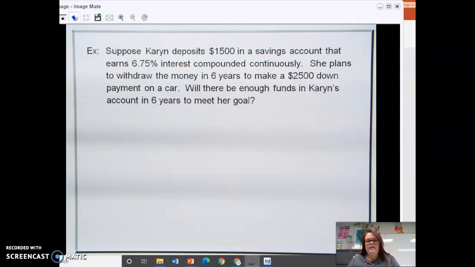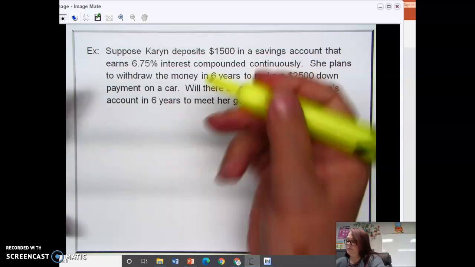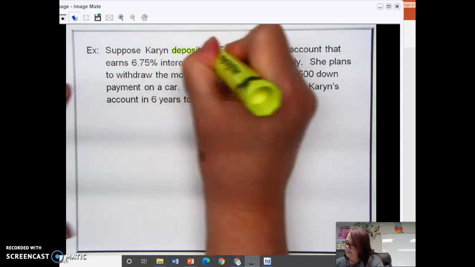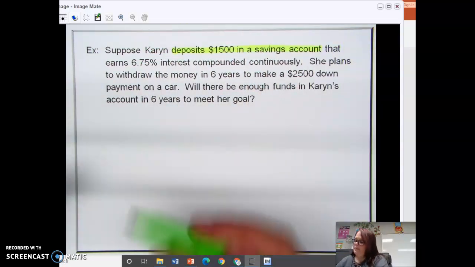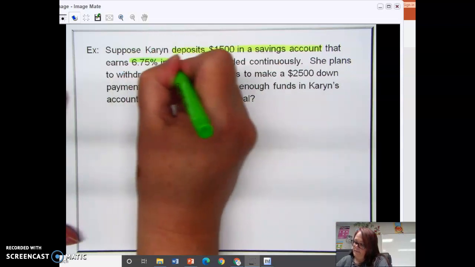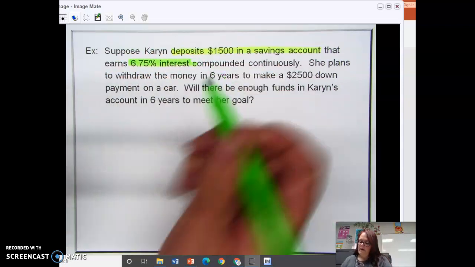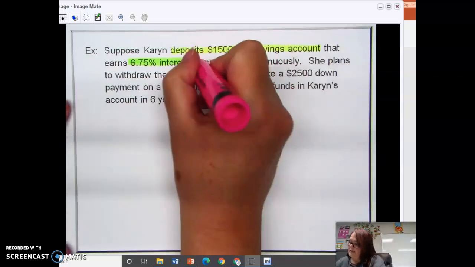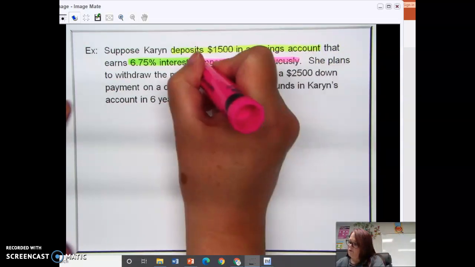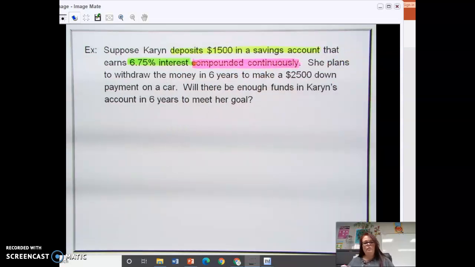So the question says, suppose Karen deposits $1,500 into a savings account. Let me highlight that real quick. That earns 6.75% interest. And then the next part says compounded continuously. So that is different than what we said the day before, where it said compounded quarterly or compounded monthly.